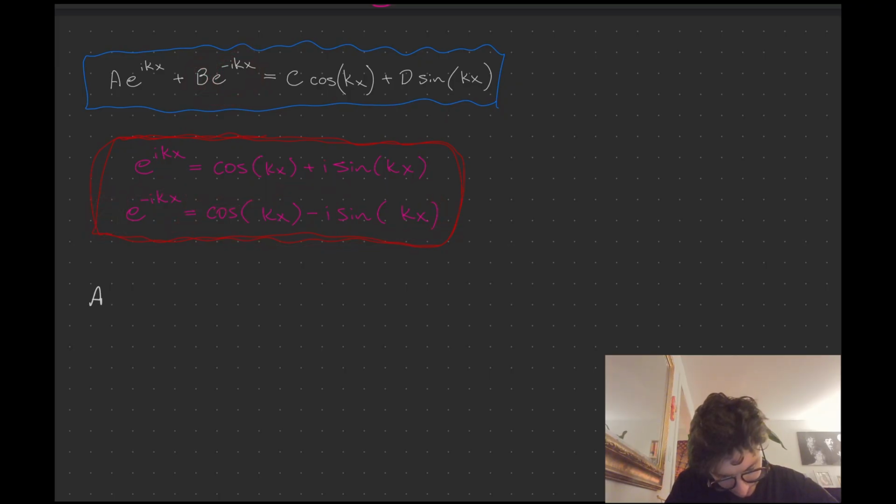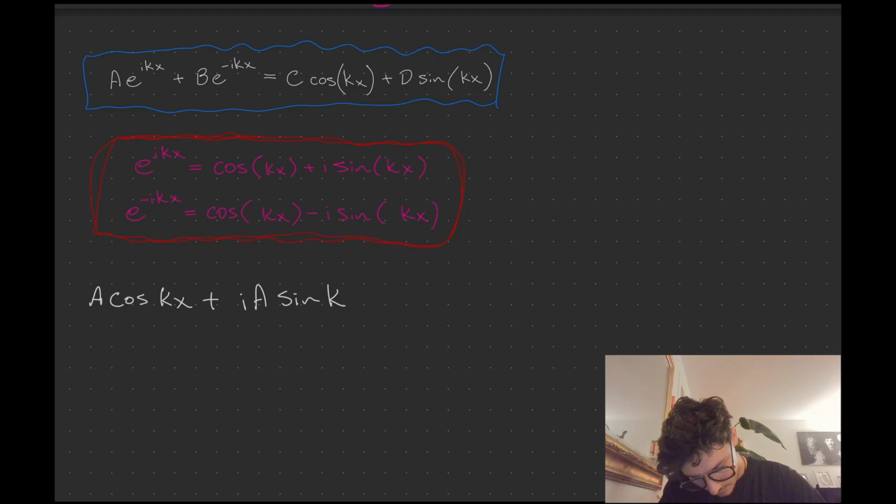We'll write it here. So a, I'm going to actually just distribute the a already. So we have a cosine kx, and you know what? I'm not going to write these brackets because writing the brackets is going to be annoying. Ia sine kx. That's the first term. Then we have b cosine kx.